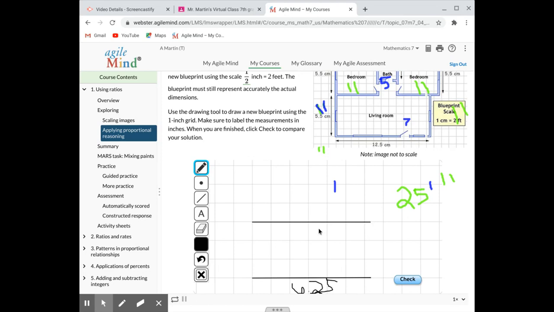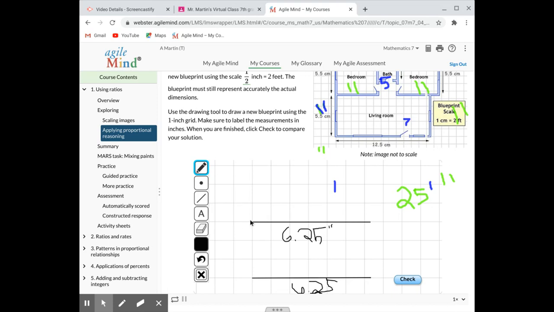Okay. And I said that this would be 6.25. Boy, I got some ugly handwriting with a mouse. Okay. So that's our new measurement in inches. Thank you. You're welcome.